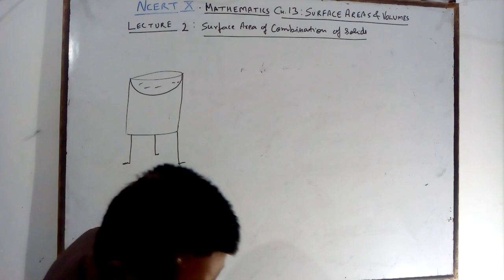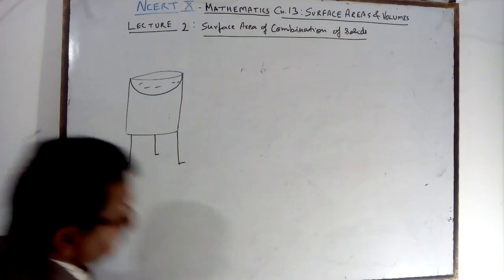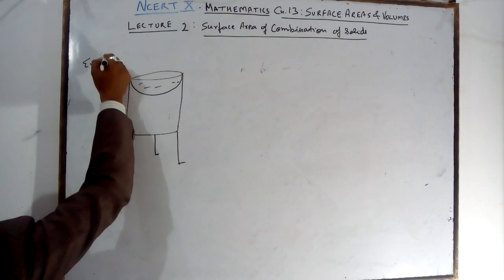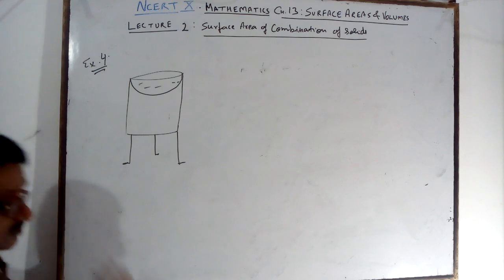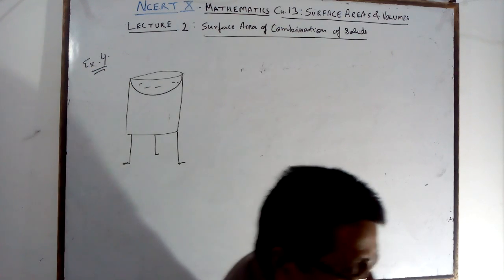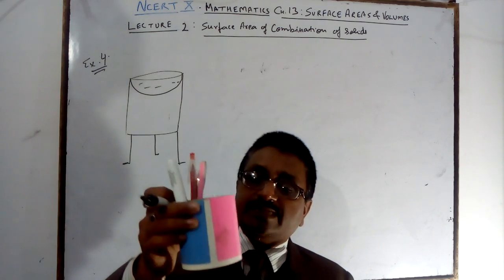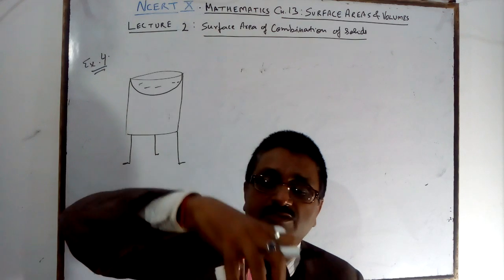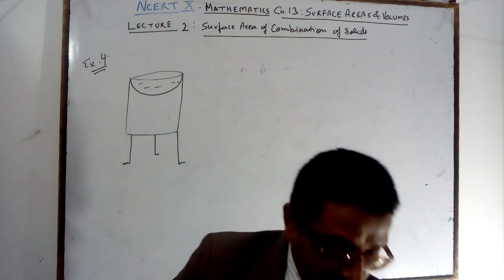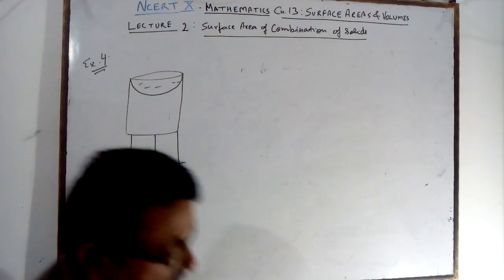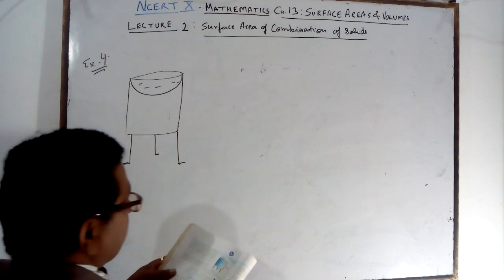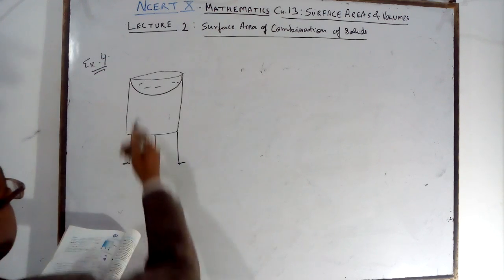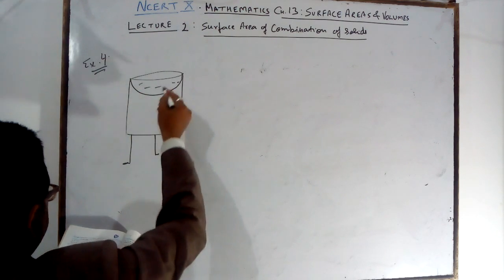So very easy. A bird bath is like a cylinder. There are three stands, 1, 2, 3, and on this there is one bowl, and the other part is hollow. Your question is given in the shape of a cylinder with a hemispherical depression. Depression means this cut.